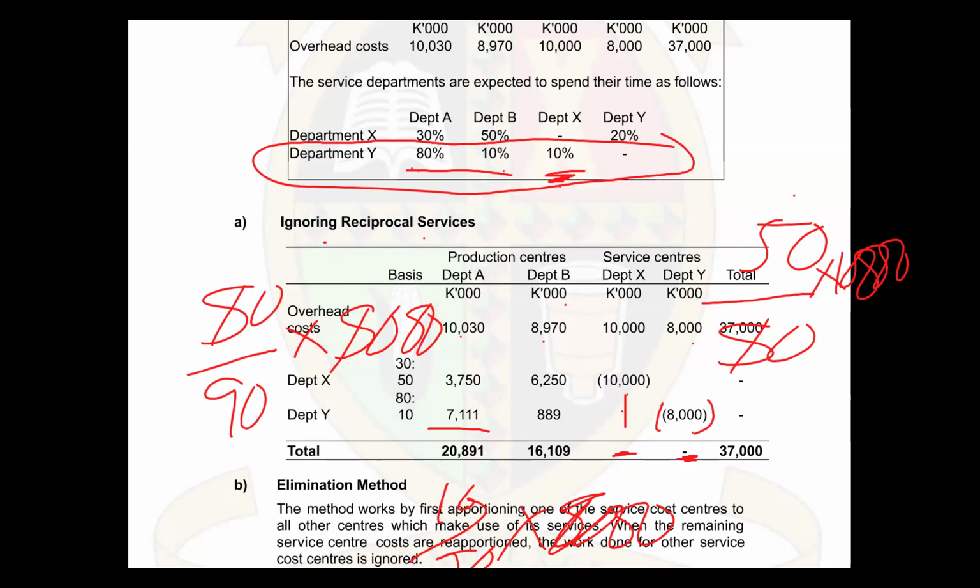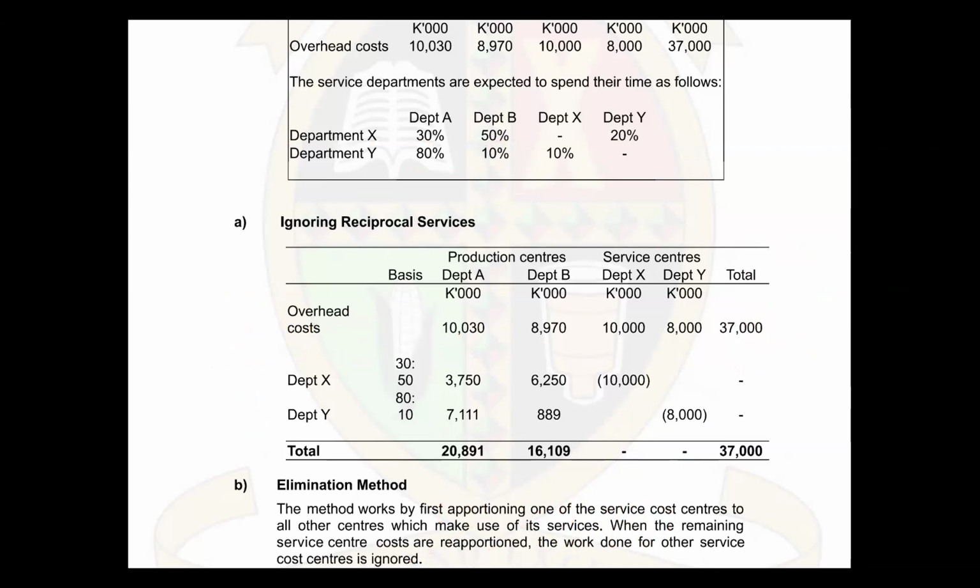So what you have seen now is what I was saying. All the cost has gone to the production departments, and you remain with zero costs in the service centers. This process that we are doing is called the process of reapportionment. It is quite important for you to determine the basis of apportionment.